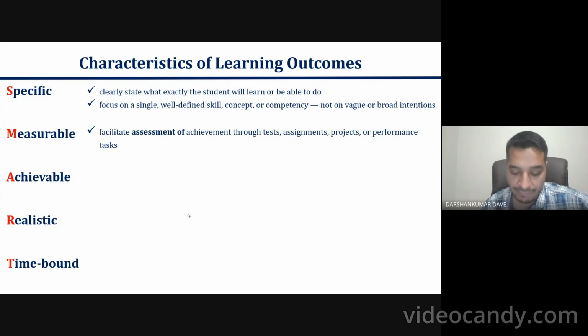For example, if you are assessing some project, my students should be able to solve a problem in a societal environment. That is a kind of project, and you are assessing project-related skills. But you cannot have an open-ended questionnaire there.